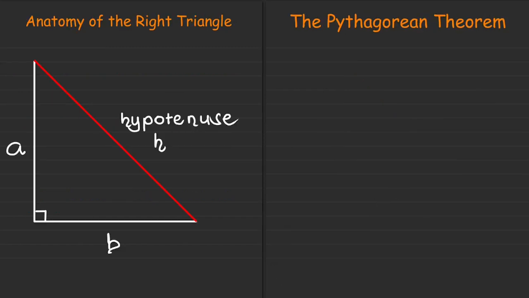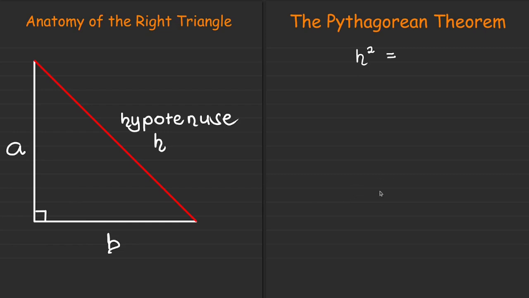So now that we know the anatomy of a right angle triangle, let's quickly look at the Pythagoras theorem. The Pythagoras theorem says that if you have a right angle triangle, take note, a right angle triangle, then the hypotenuse, that is the longest side, if we square it, will be equal to the sum of the squares of the other two sides.